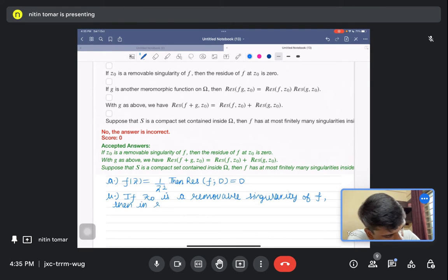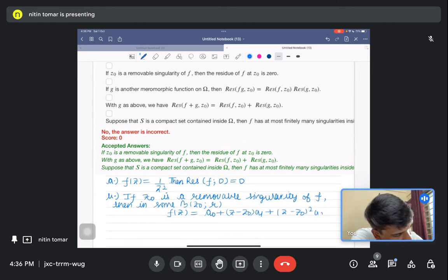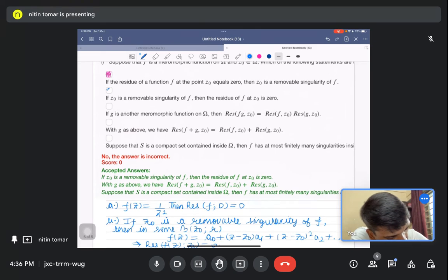In some disk around z naught, say of radius r, you can write fz as a naught plus a1 times z minus z naught, and so on. There are no negative terms, so the residue at z naught is 0. This option is correct.